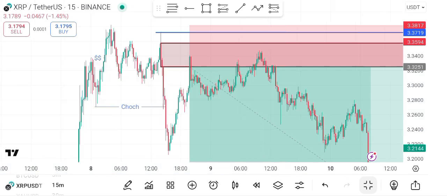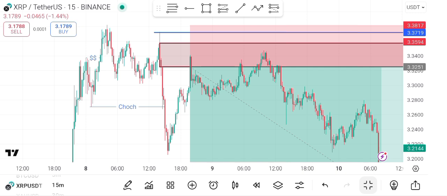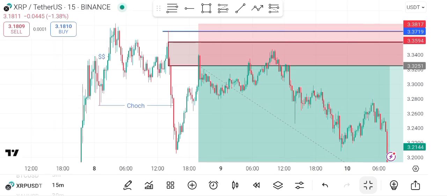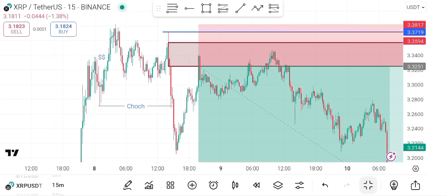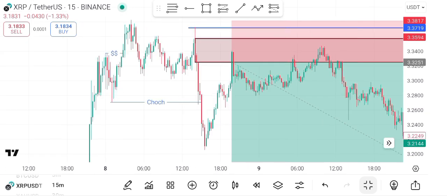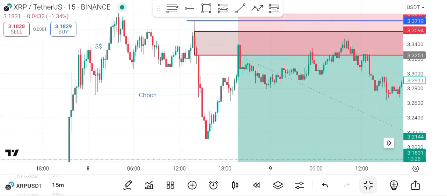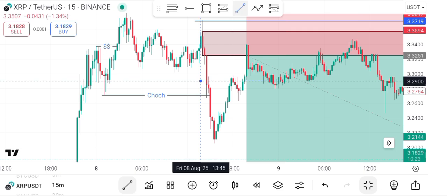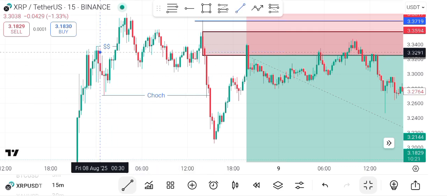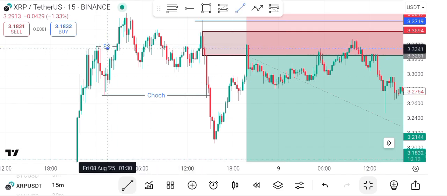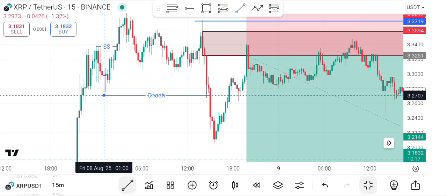So I go into the 15-minute time frame to look for a confirmation. The analysis is done in the higher time frame, but we want to take our entry in the lower time frame. Right there you see this sweep to the upside. This is a sweep of liquidity to the upside, and we are breaking this structure, which gives us a change of character.